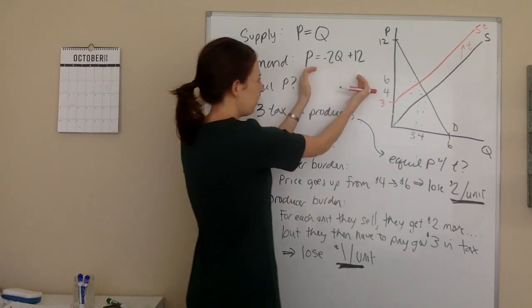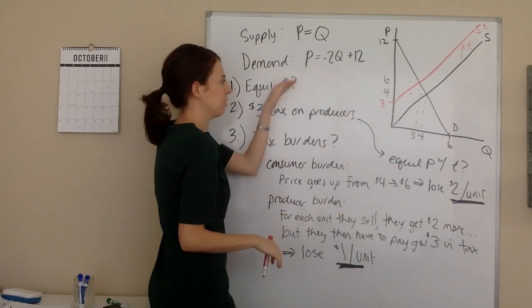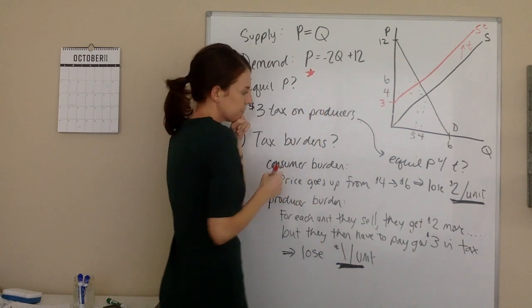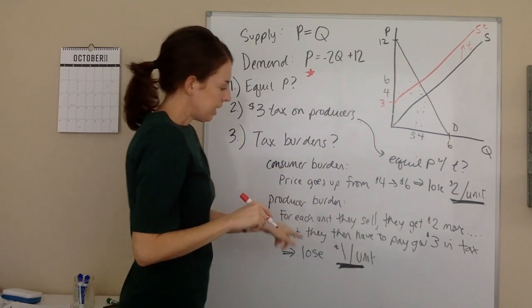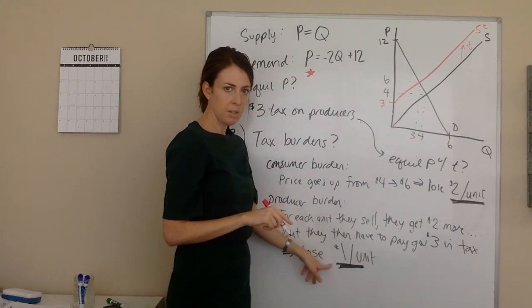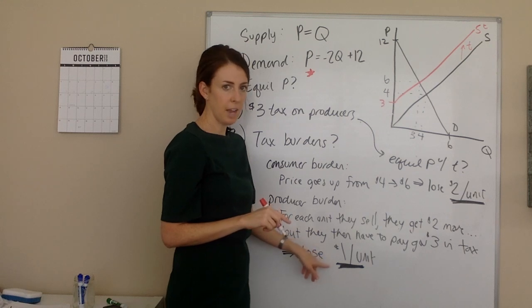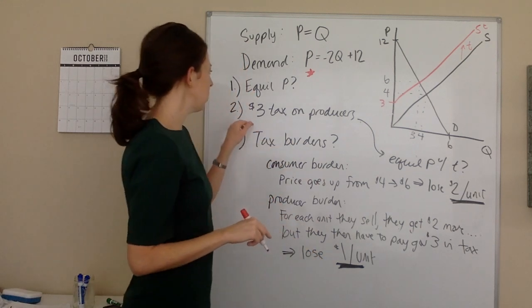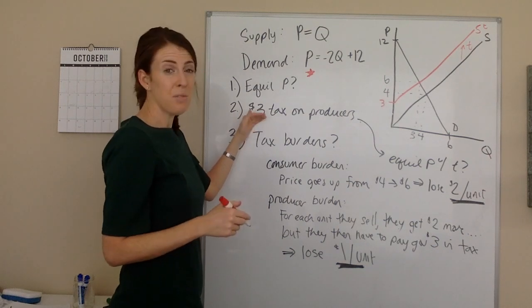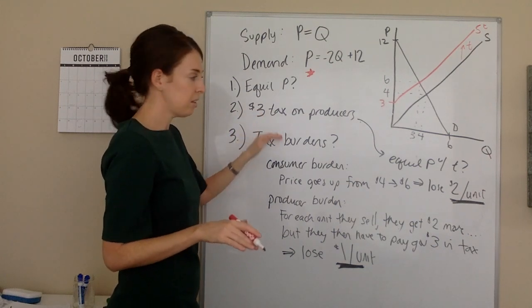I'm going to write this little wedge here, but you can write it bigger down on your piece of paper. Thing to note, star number one, is that the summation of the two tax burdens is equivalent to the totality of the tax. So again, the whole tax was $3, but the tax was effectively shared between the two sides of the market.